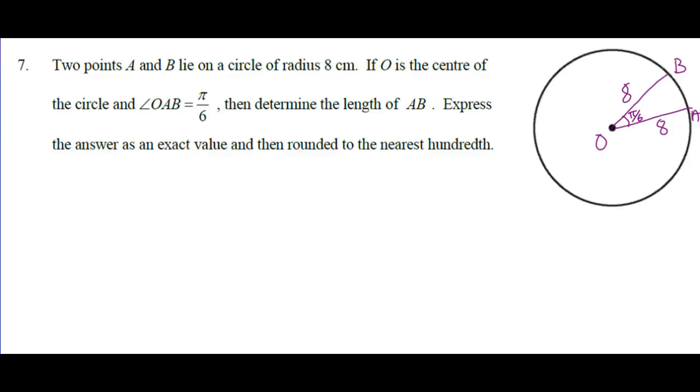Then determine the length of AB. Express the answer as an exact value and as a value rounded to the given place. Okay, wait, did I get the right angle OAB? No, I did OBA. Angle OAB. This is pi over 6.